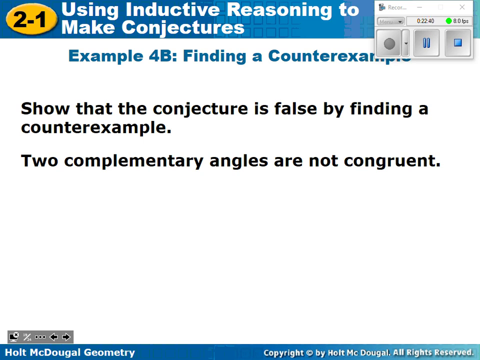You are coming up with a conjecture. This is your conjecture. You're coming up with a counterexample so that you can prove it is false. A counterexample proves the conjecture false. And you have to do that. You have to come up with a specific example that proves it false.